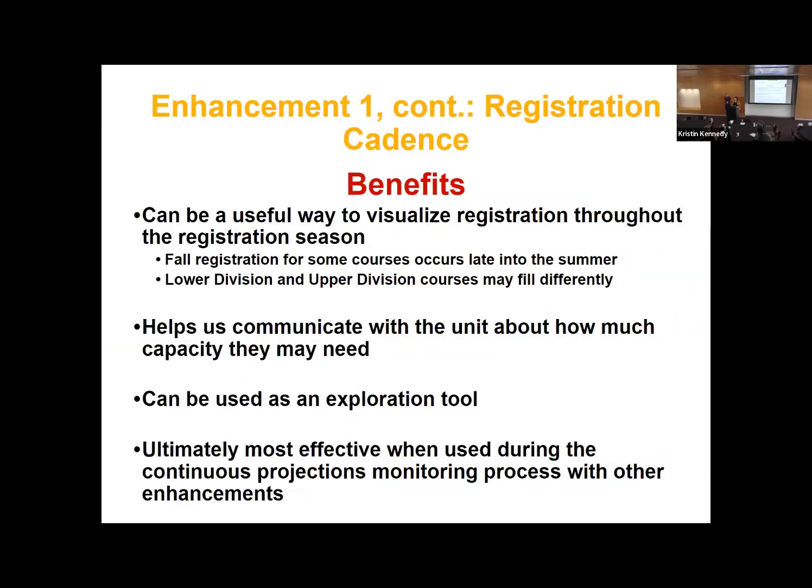As I had mentioned, it's a very useful way to visualize registration. Sometimes looking at these numbers, for me at least, it helps a lot to actually be able to see these lines. It's also very helpful to visualize courses that have a lot of registration throughout the summer, especially for fall, because units are looking at that constantly.